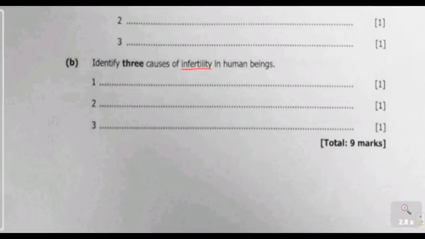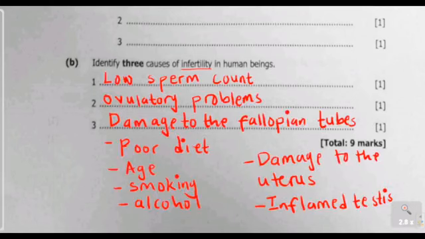Also the lifestyle, such as being overweight, poor eating habits, smoking, excess intake of alcohol, or maybe having a job that may involve contact with chemicals or exposure to radiation. Even smoking can cause infertility in both a man and a woman. So there are a lot of answers that you can write there.